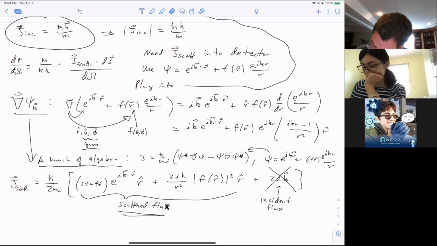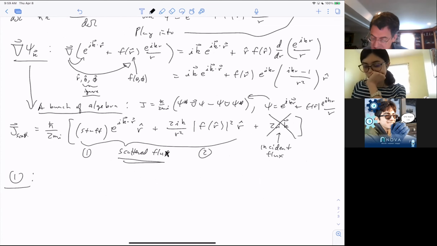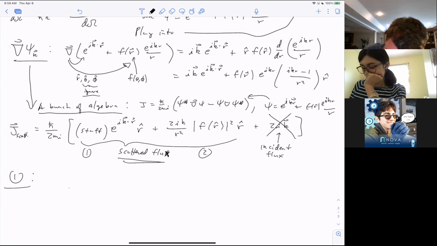I have two terms, and I'll call this term 1. I'll call this term 2. Now let's consider term 1. The r hat does dot into the flux.